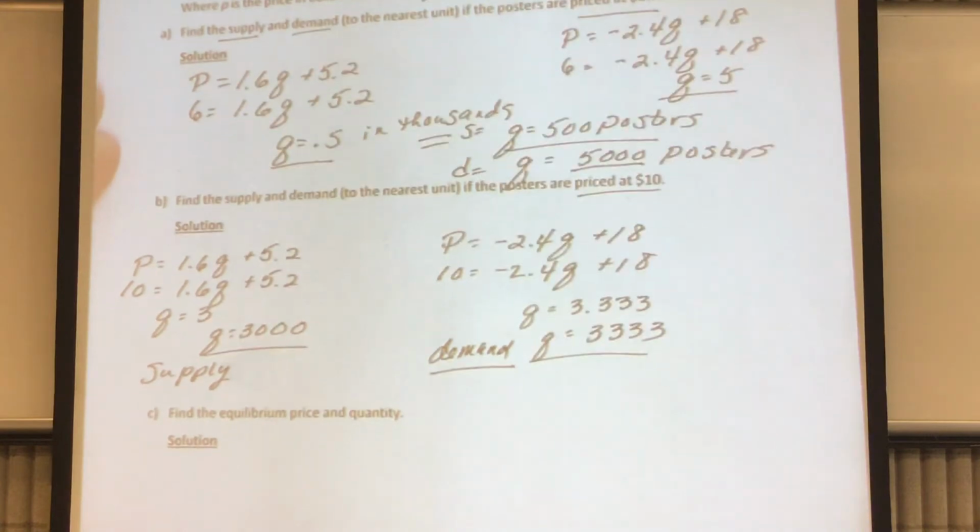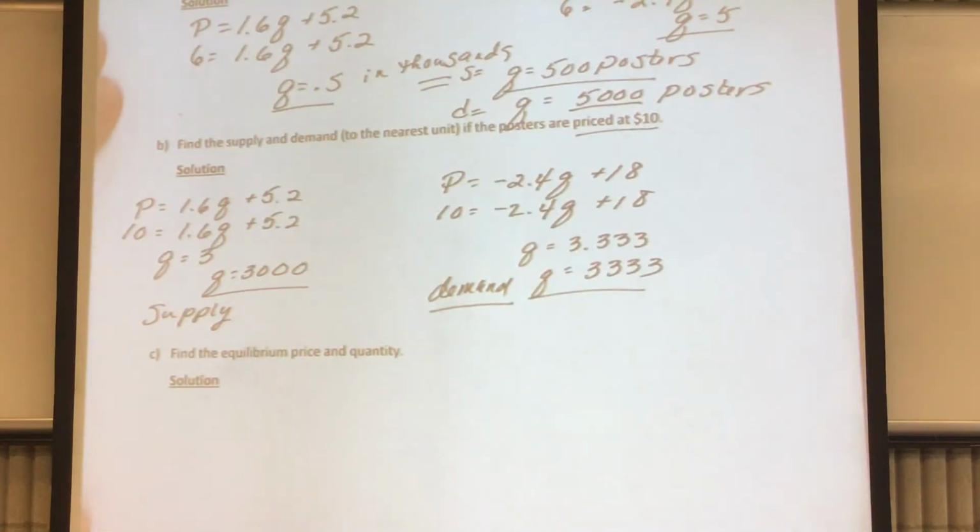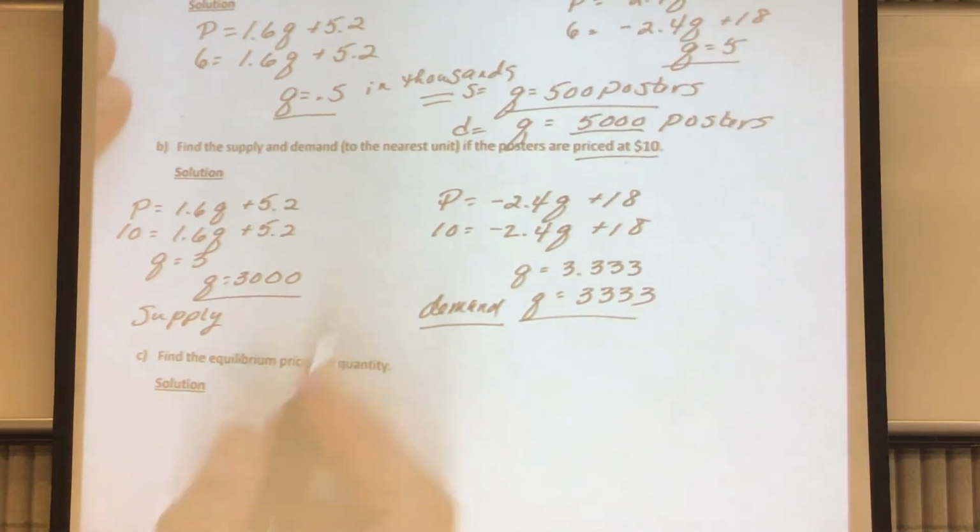In letter C, find the equilibrium price and quantity. So the equilibrium price and quantity is to set the two equations equal and solve for both letters, Q and P. So let's get the two equations.